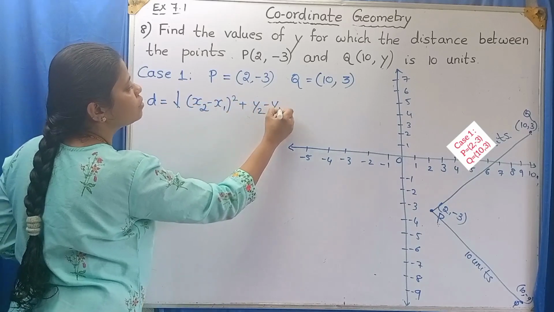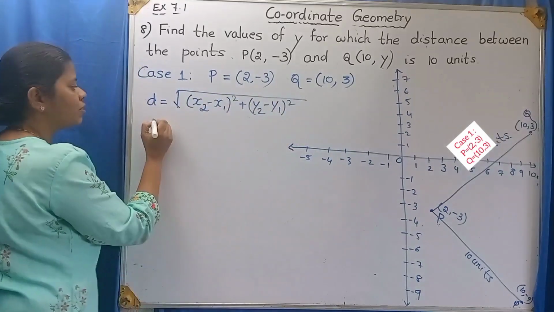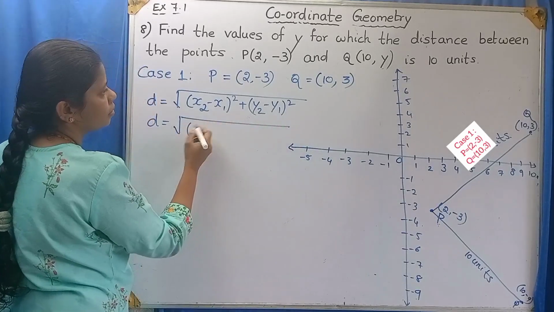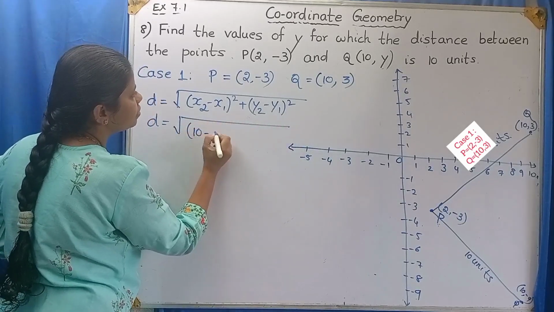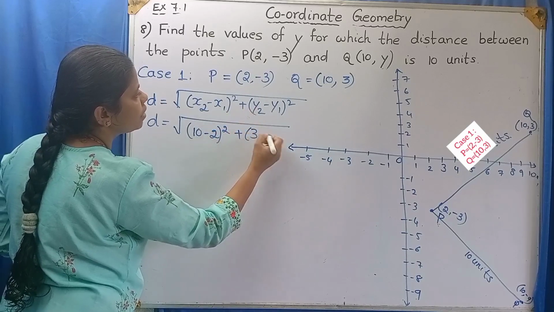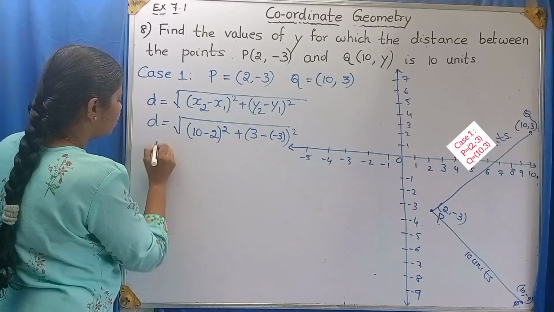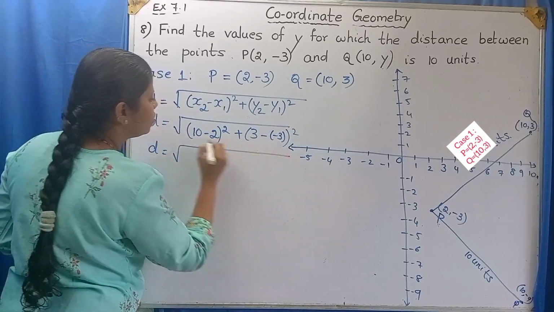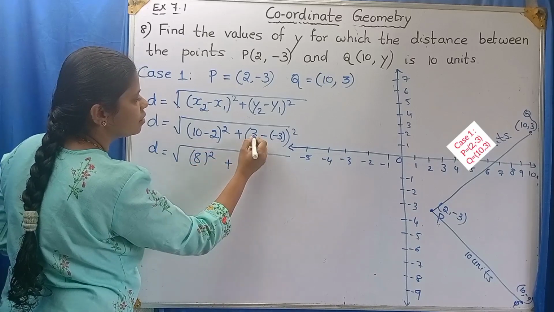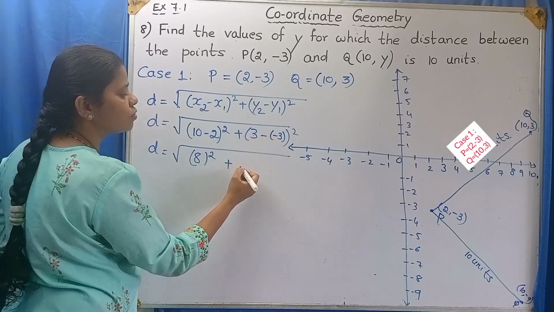I won't explain this because you are familiar with the distance formula and substituting the values. D is equal to the square root of (10 minus 2) the whole square plus (3 minus minus 3) the whole square. (10 minus 2) the whole square is 8 squared, plus 3 minus into minus is plus, 3 plus 3 is 6, the whole square.